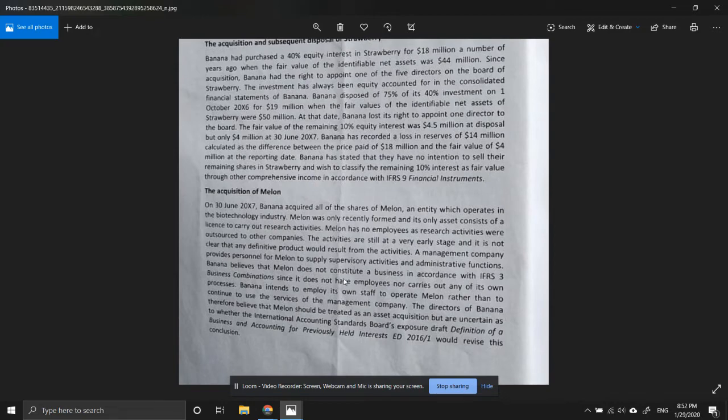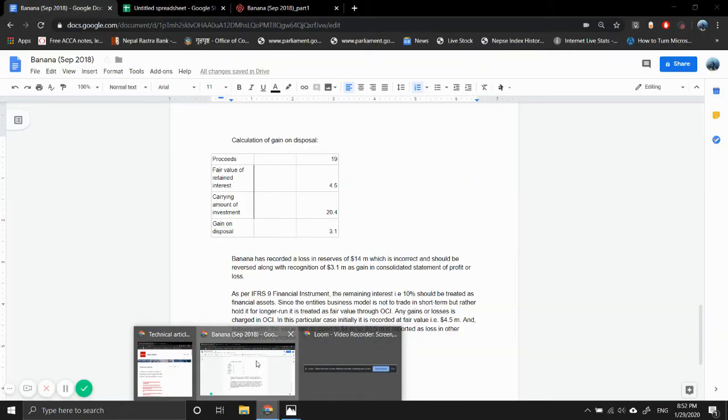Banana believes that Melon does not constitute a business in accordance with IFRS 3 Business Combinations since it does not have employees nor carries out any of its own processes. Banana intends to employ its own staff to operate Melon rather than continue to use the service of the management company. The directors of Banana therefore believe that Melon should be treated as an asset acquisition but are uncertain whether the IASB's exposure draft definition of business and accounting for previously held interest would revise this conclusion.